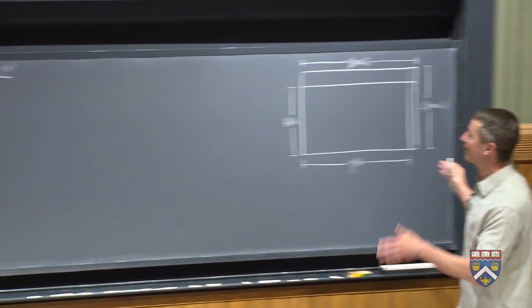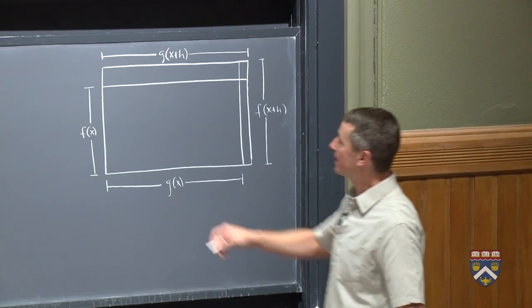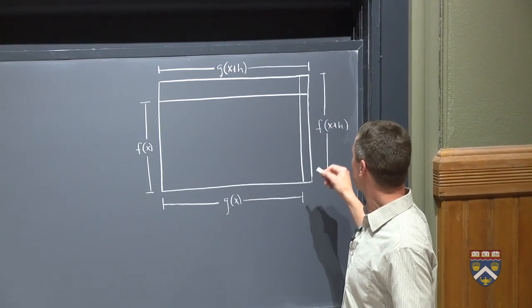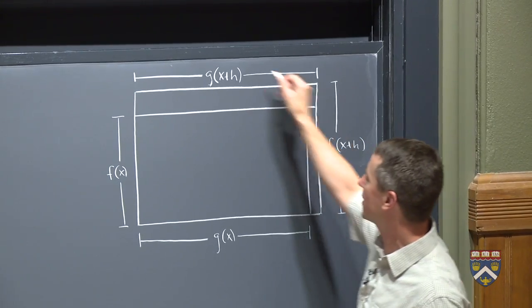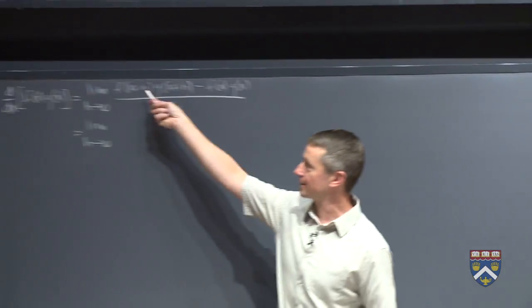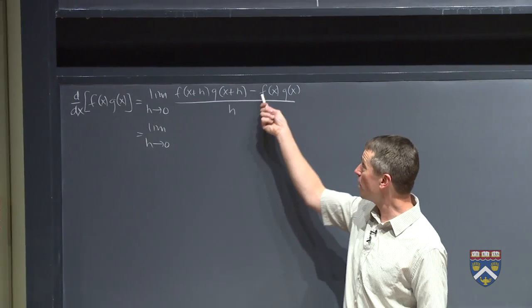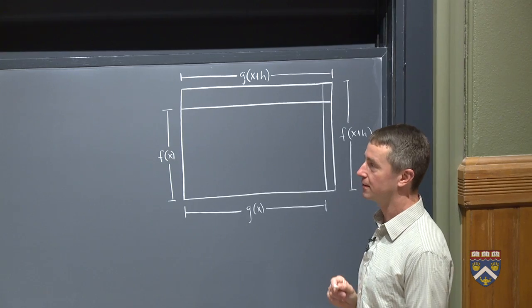So this picture here is going to help us rewrite that top of the fraction. So I've got a big rectangle here whose width is g of x plus h and whose height is f of x plus h. So the area of this big rectangle is this product here. The small rectangle, f of x, g of x, is this rectangle here.